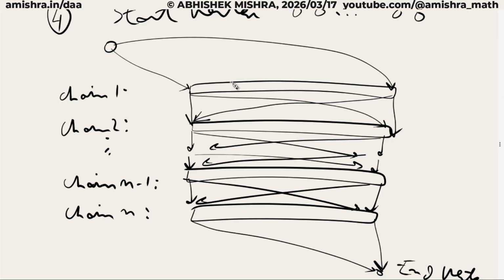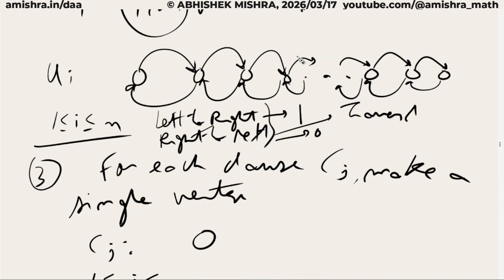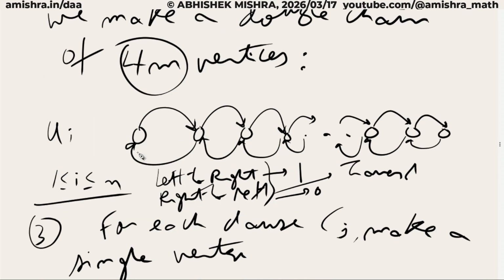For each clause, if the clause has the corresponding variable, we should choose a link in the chain. And what is a link? This pair is a link.